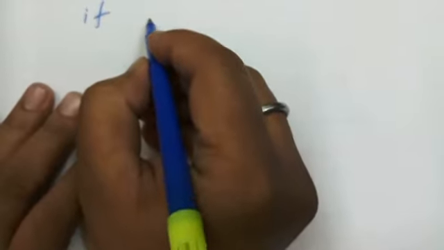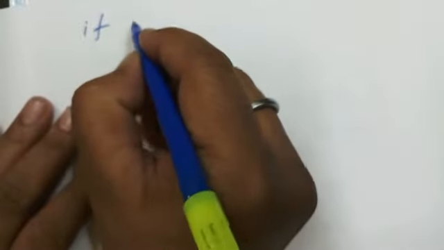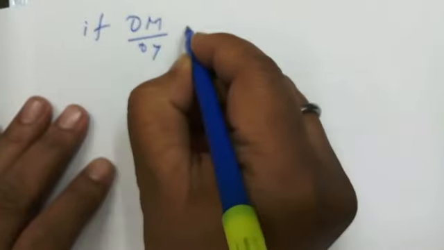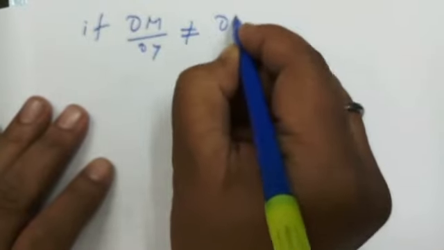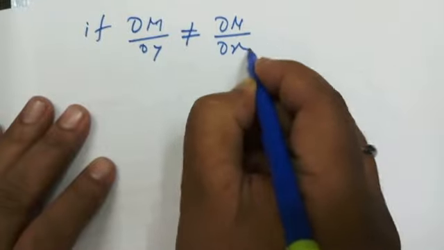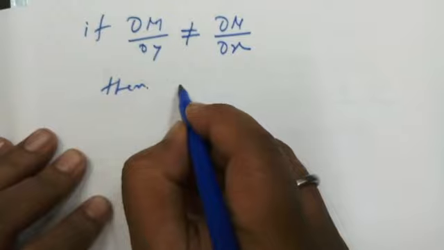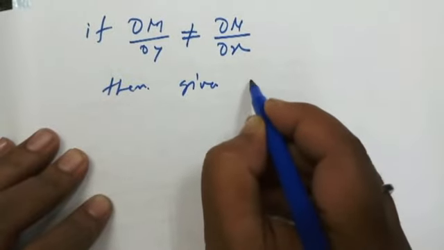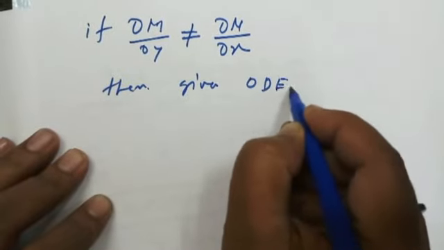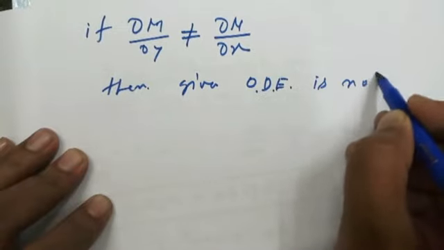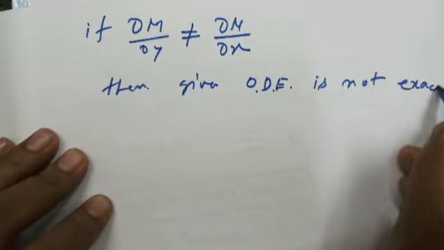Now if del M by del y is not equal to del N by del x, then the given ODE, ordinary differential equation, is not exact.